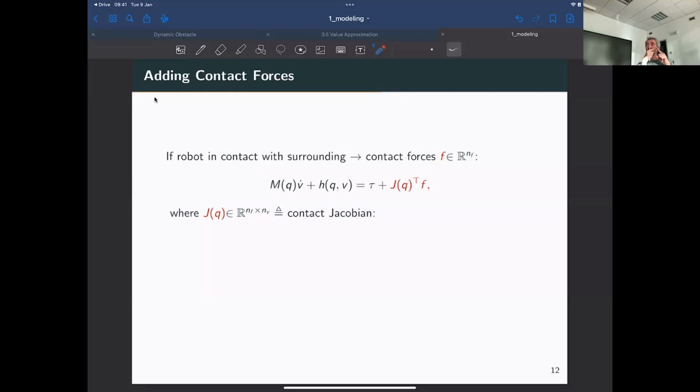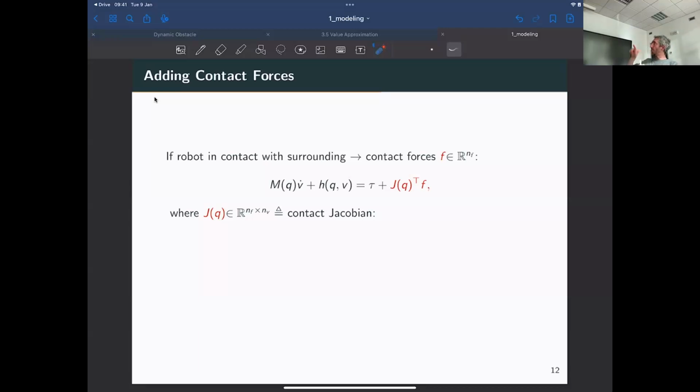In that case, the dimension of my force is going to be one, if the contact has no friction. If I can only push against the wall, it's one. But if the contact has friction, it's three, because I can push, but I can also apply lateral forces, either upwards or laterally. So I have a 3D force.